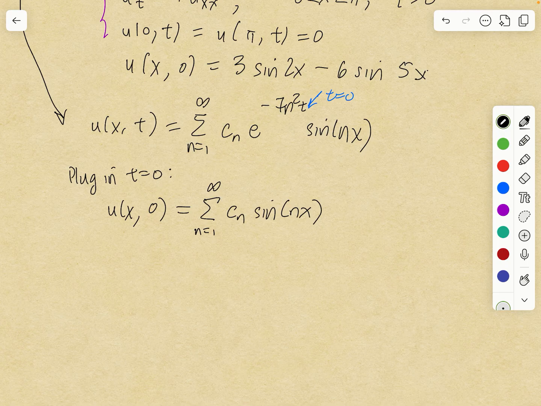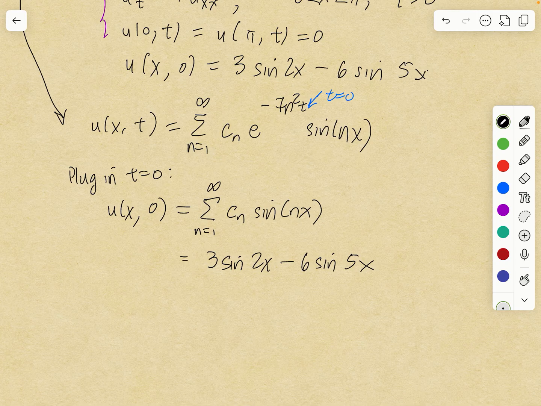Now in the problem, they tell you that this is equal to 3 sine 2x minus 6 sine 5x, right? So in general, your u of x,0 is going to be some expansion in terms of sine of nx. And in the problem, they tell you it's 3 sine 2x minus 6 sine 5x. So now we set them equal, and then we have to solve for the cn's.